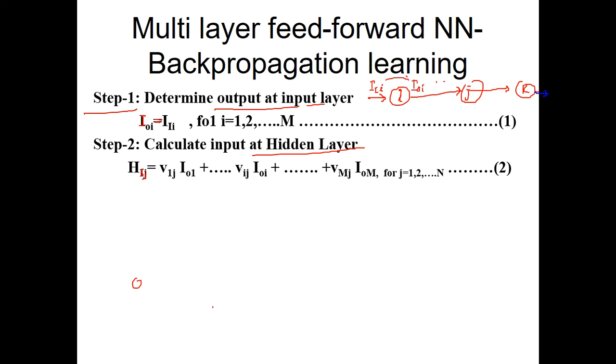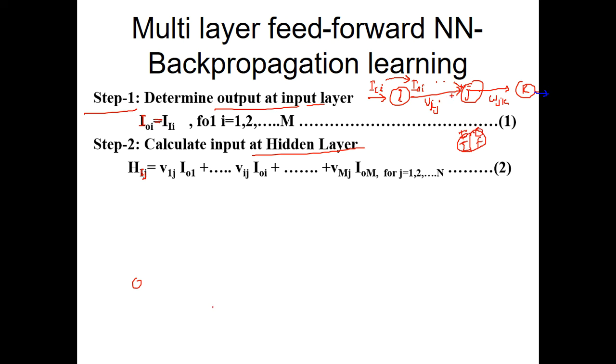So from here to here it is equation 1, step 1. Now the weight between i and j, you consider it Vij, and weight between hidden layer and output layer, between jth and kth node, Wjk. So the total input at this node is left, like every node having two parts, right? Computing summation and activation function. So summation will give you input and activation function will give you output.